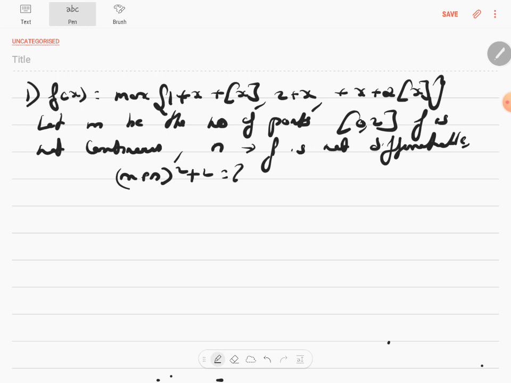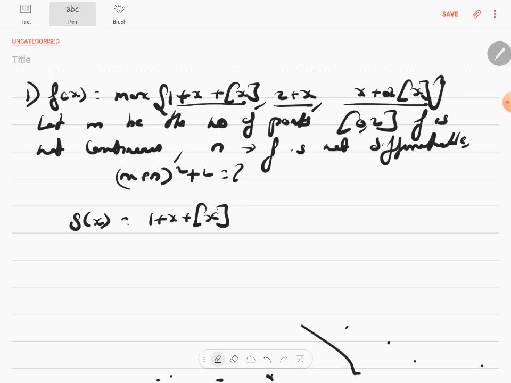Okay, that's the question. First of all, we should understand how to redefine the function. Let's redefine them as g of x and h of x. So g of x is 1 plus x plus the greatest integer function of x.